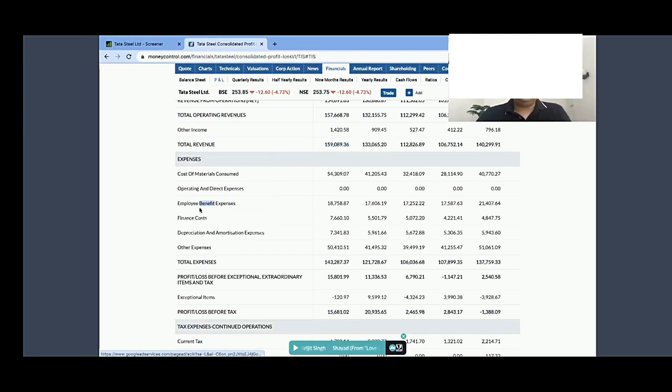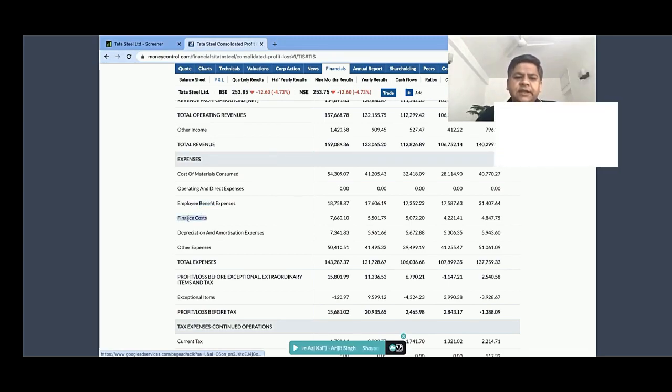Employee benefit cost, so employees need to be hired, and then their benefits will be there, like their retirement benefits and everything else. Even if they are not paying it right now, they'll keep on calculating it on the profit and loss statement and also incur it on the balance sheet. Financing costs, so they have taken debt, they are paying interest, so that financing cost is there.